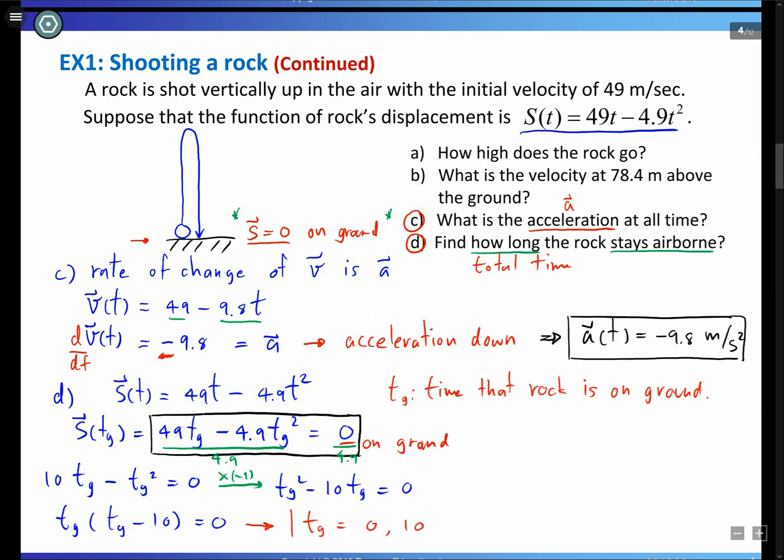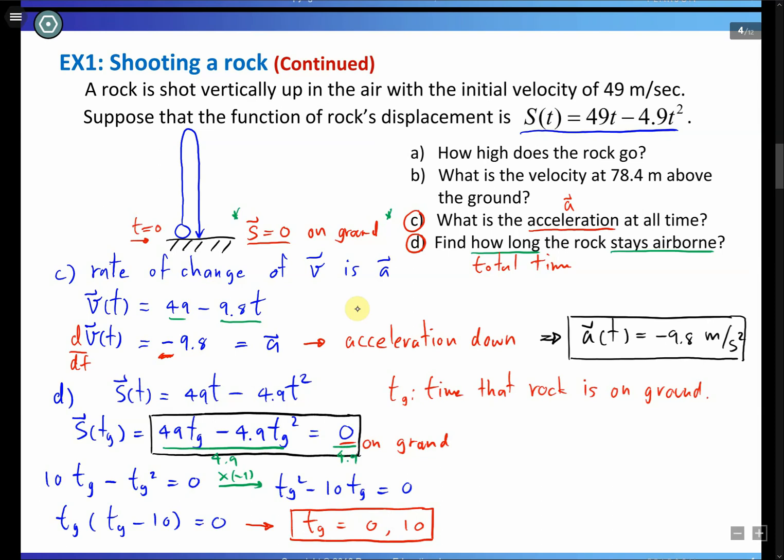Now the question is, why do we have two values of Tg? And the reason for that is because the rock is on the ground twice in this motion. Let's take a look here. At the beginning of time, when the rock is on the ground, at t equal to 0, the displacement is equal to 0. And then we shoot it up, and it goes up, gets to the top, and comes back down to be on the ground again.